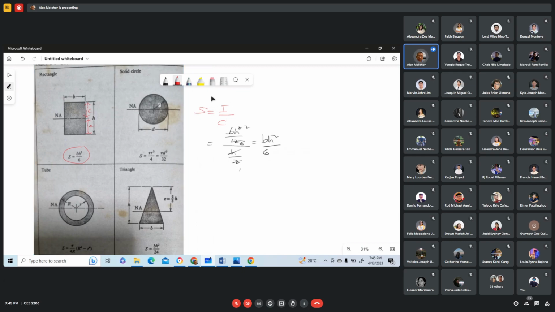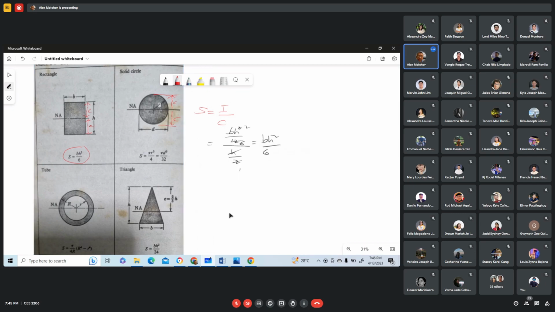Using this equation for section modulus, where I is the moment of inertia of this circle with respect to its neutral axis, over the value C, which is the farthest distance from the neutral axis to the farthest fiber. Also here, this is C, and that C is r. Okay. So you can derive this.